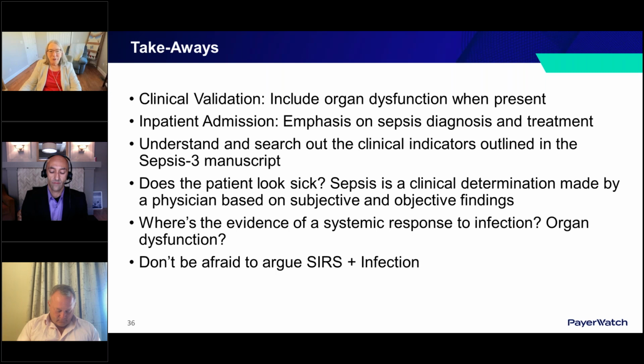Where's the evidence of systemic response to infection and the organ dysfunction? And don't be afraid to argue SIRS plus infection, which we do a lot of times, Dr. Hassanbala, for our cases where it's being diagnosed using Sepsis-2 criteria, because we still have a lot of physicians and hospitals out there that still use that as their criteria to diagnose sepsis.